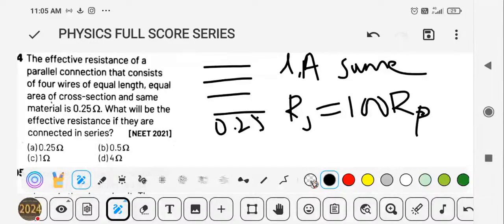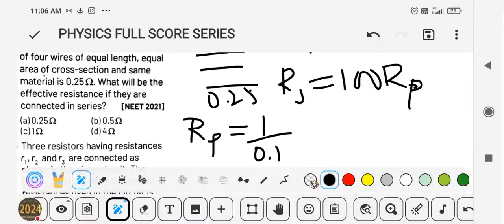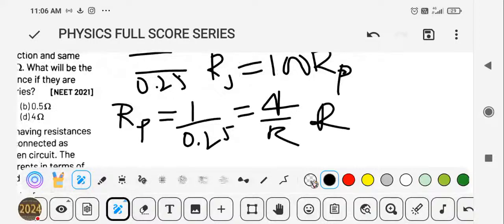The parallel resistance means 1 by 0.25, that is 4 by R, for the RP value. RP is equal to 1 by 0.25, like that. 1 by 0.25 is equal to 4 by R. Then the resistance here comes to 1 ohm.